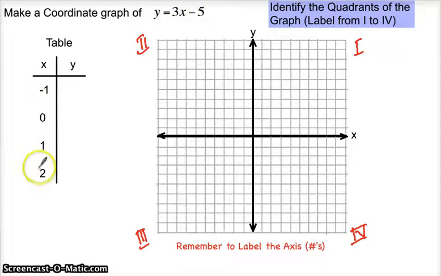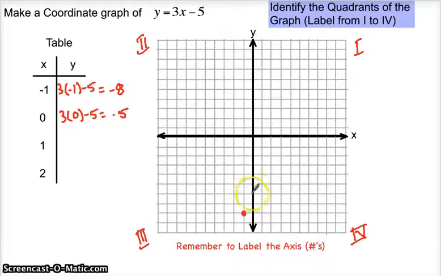And for the 4 values down here, when x is negative 1, well, 3 times negative 1 minus 5 is going to give you negative 8. And I can plot the point, input, output, negative 1, negative 8, down here on my graph. Do the same for the other points.